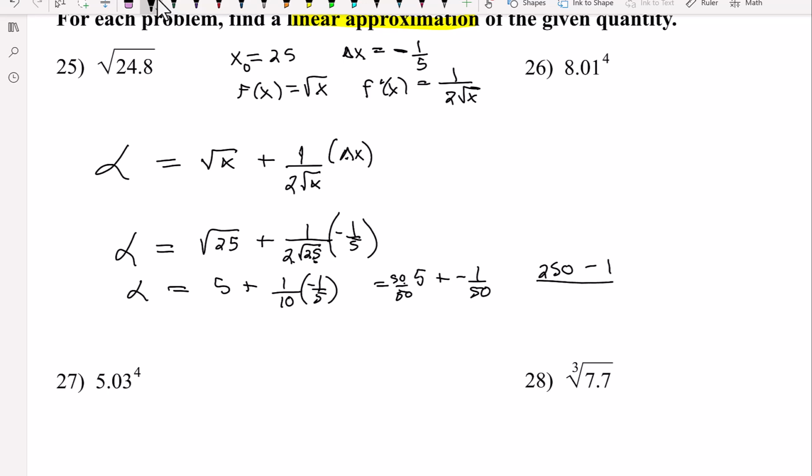Subtract 1, and all of that is over 50. So what we have is 249 over 50. And then the approximation is you're going to go ahead and divide that. I should have had my calculator handy. 249 divided by 50 is 4.98.